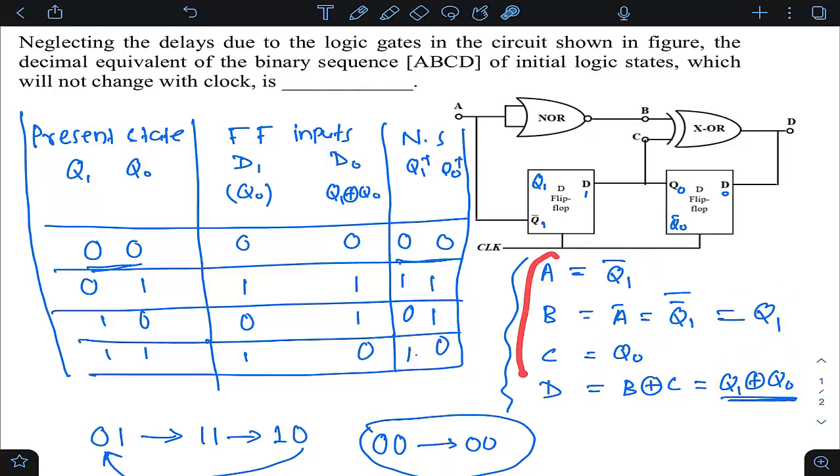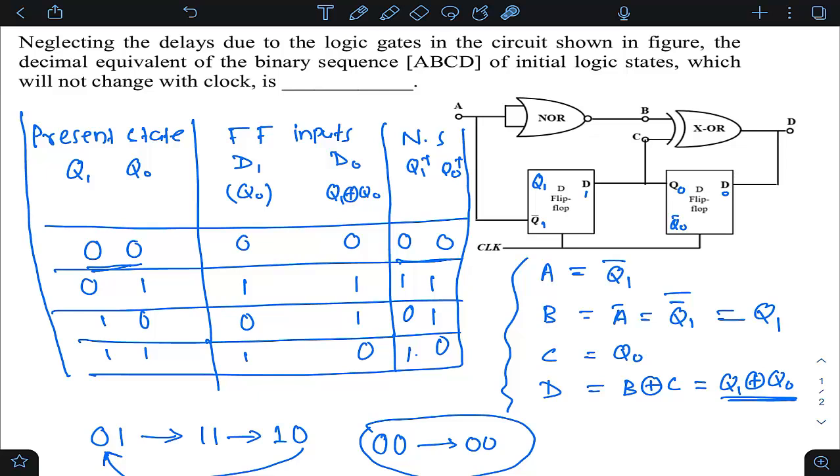So if the present state is 0 0 and you clock it again, these states are not going to change, so why would ABCD change? It won't change. Very simple. So if the initial state is 0 0, ABCD will remain as it is forever, irrespective of the number of clocks applied. Now we just have to figure out the values of ABCD. For this, what Q1, Q0 value are we taking?